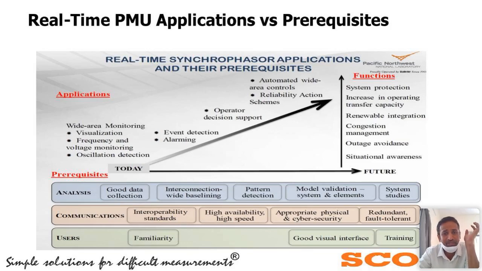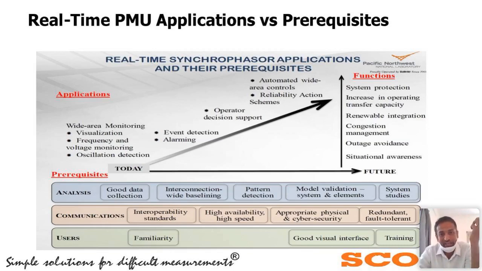That's it. But when it comes to the future, as you see in the graph, what exactly is this PMU going to do: event detection, alarms, and in the way forward, operator decision support. The operator who is monitoring the system can take decisions based on the real-time data. That is what is going to come.